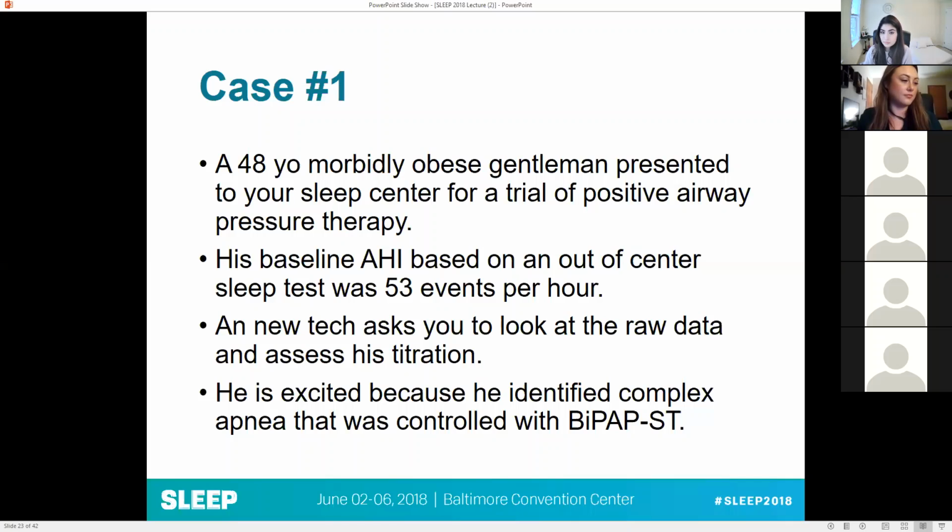So if someone has mild sleep apnea and they don't feel particularly bad, I might just talk to them about weight loss, fitness. Sometimes they just need a little positional therapy and they might not necessarily go on treatment.